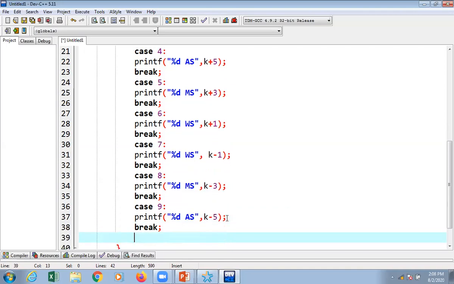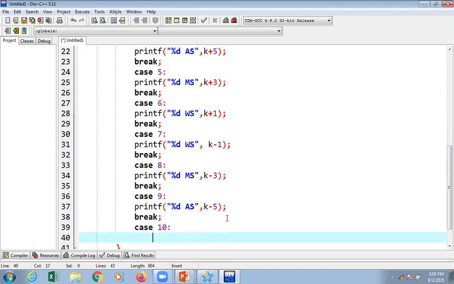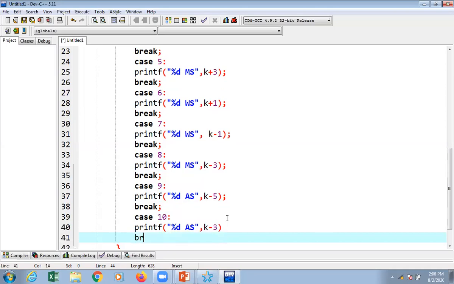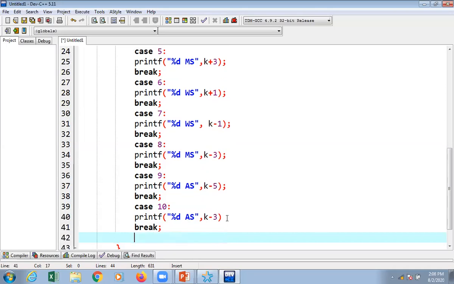Then printf percentage d, and that will be 10, 11, 12. This will again be an aisle seat, that is k minus 3. Break. Case 11.